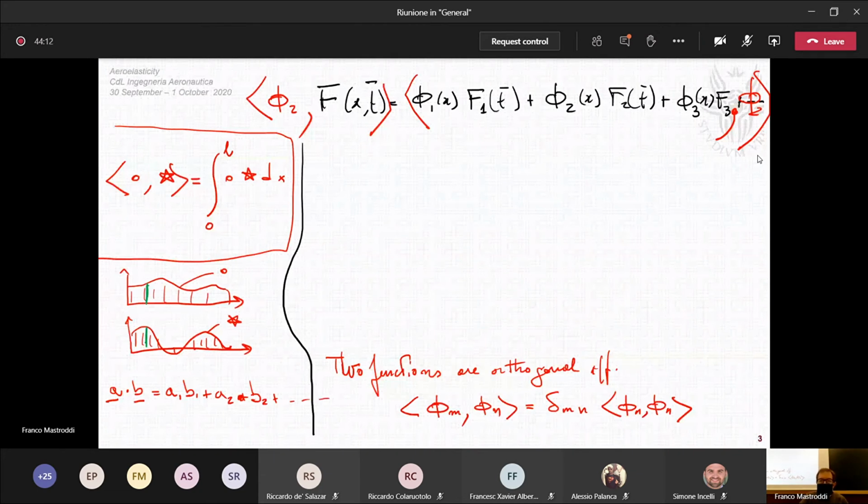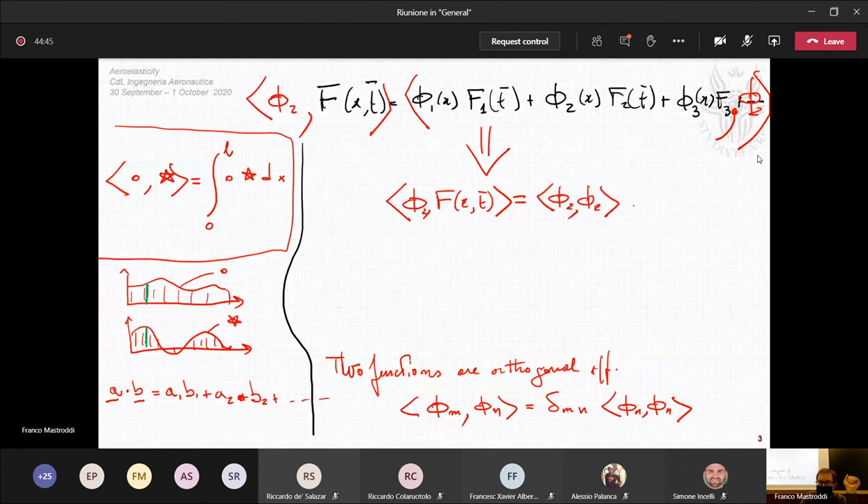Okay? And this is the property of the orthogonal functions. So here, look here, what happens? It happens that this quantity, phi2 comma f(x, t bar), is equal to, when you multiply phi2 by phi1, you have 0. When you multiply phi2 by phi2, you have this. You have phi2 comma phi2 multiplied by capital F2, a function of time.